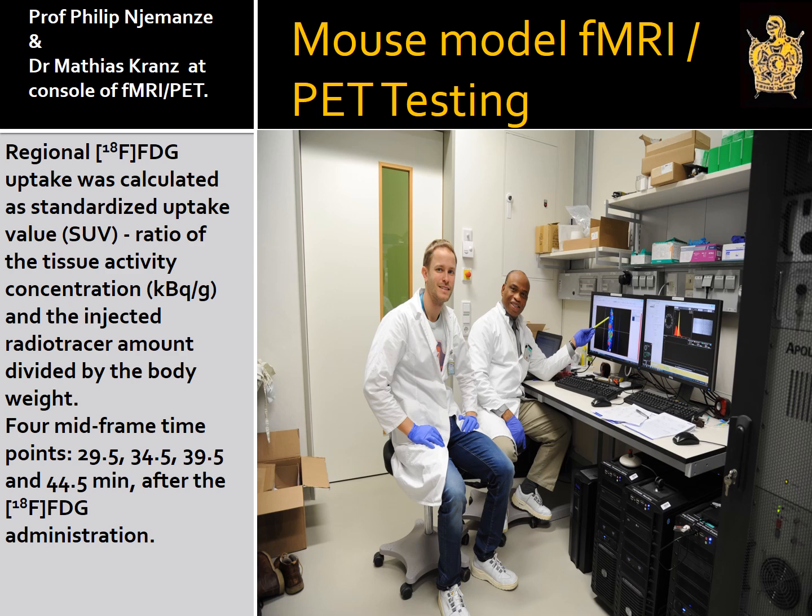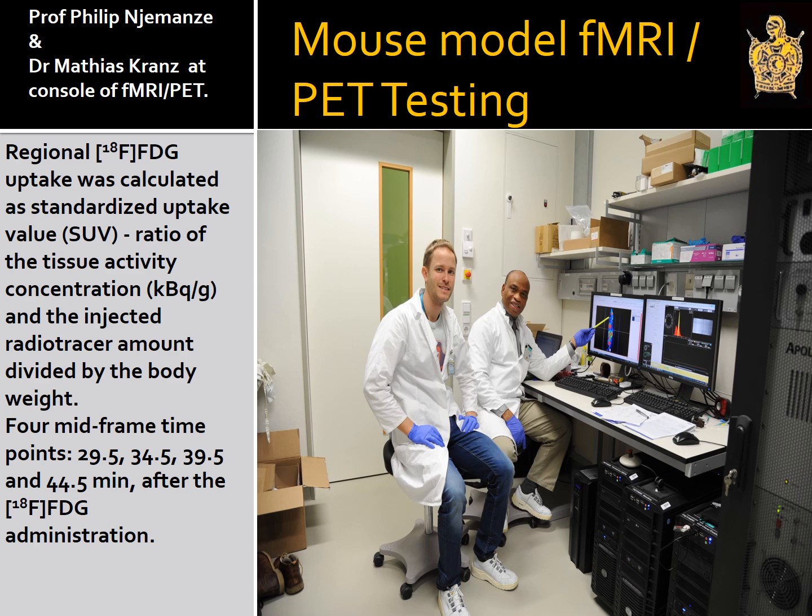The regional FDG uptake was calculated using the standardized uptake value SUV, which is the ratio of the tissue activity concentration and the injected radiotracer amount divided by the body weight.